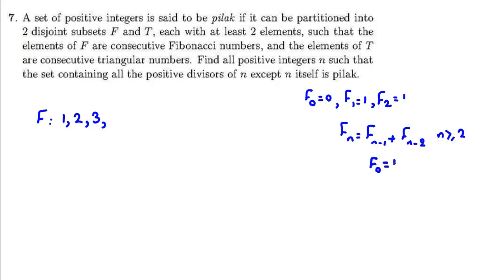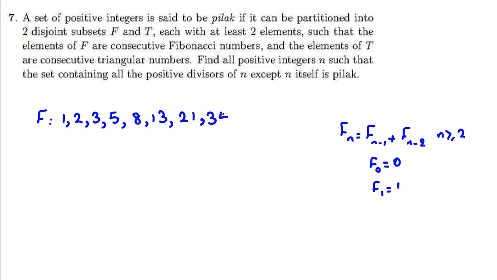And the first terms are F0 and F1. You can use this definition. Now let me tell you something. Here we can start from 1, because 1, 2, 3, 3 plus 2 is 5, 5 plus 3 is 8, 8 plus 5 is 13, 13 plus 8 is 21, 34, and so on.